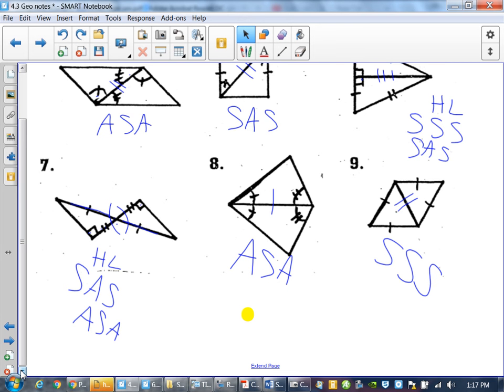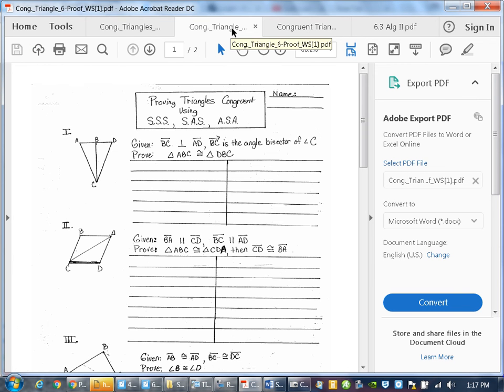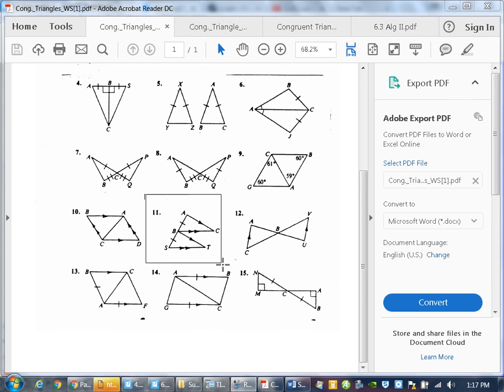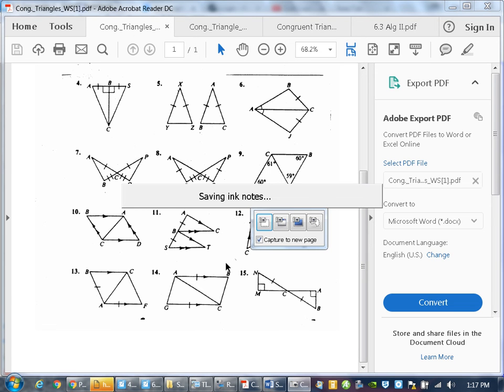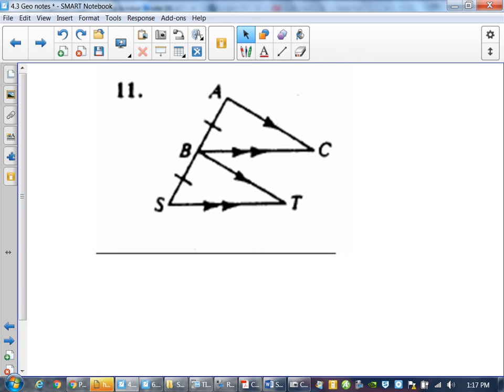Now, before we run out of time, while these things are getting passed up to you, I'd like you to go ahead and look over at number 11.